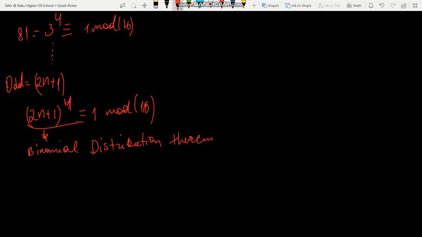Which states that (a plus b) to the power n can be written in this way.